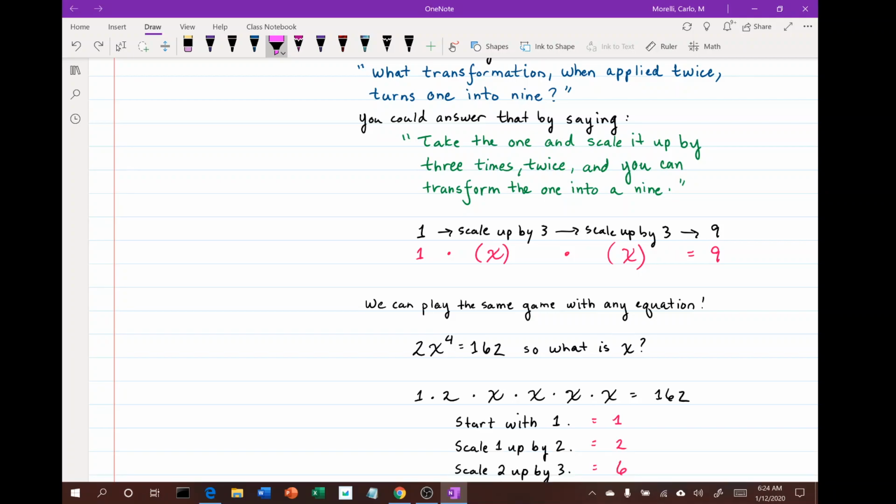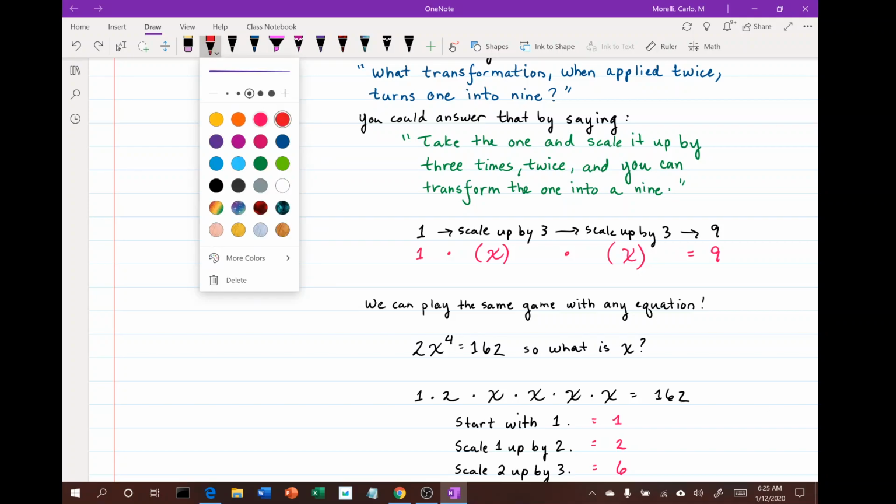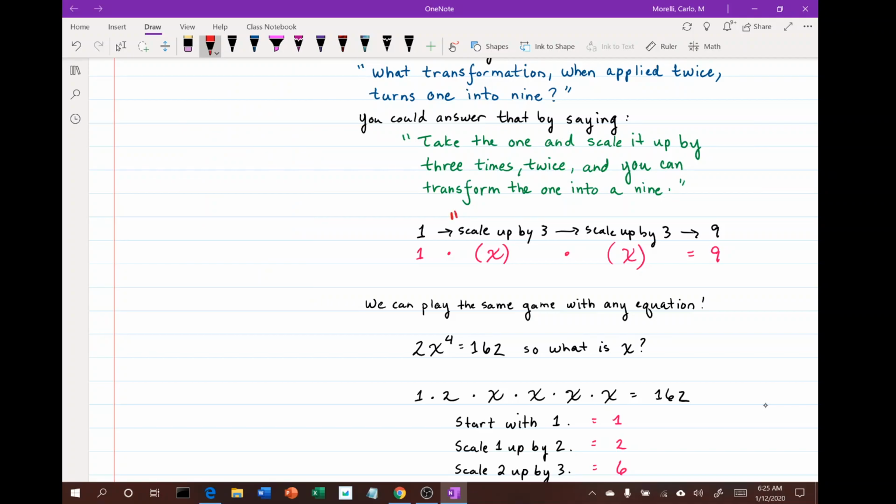What scale it up by 3 means is multiply by x. And then you take whatever that is, 1 times 3, and then you scale it up by 3 again. So you start with 1, you multiply 1 times 3. Where are we at now? Right now we're at 3. And then you take that 3 and multiply it times 3, and now you have 9.